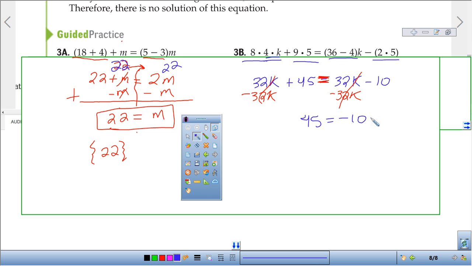What does that mean? Is 45 equal to a negative 10? Nope. Thank you so much, Tom. So you can put no. So what does that mean? No solution. No solution for you guys.